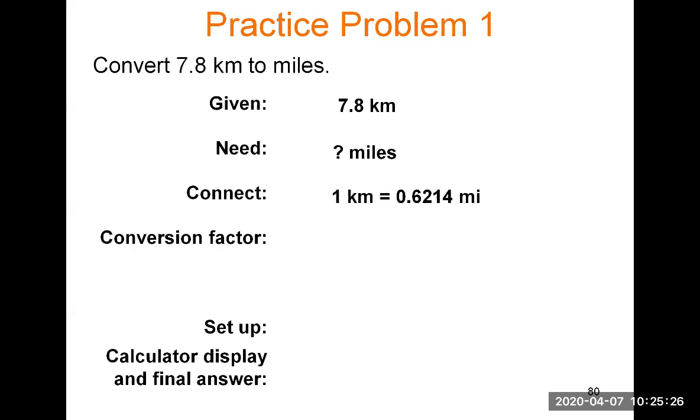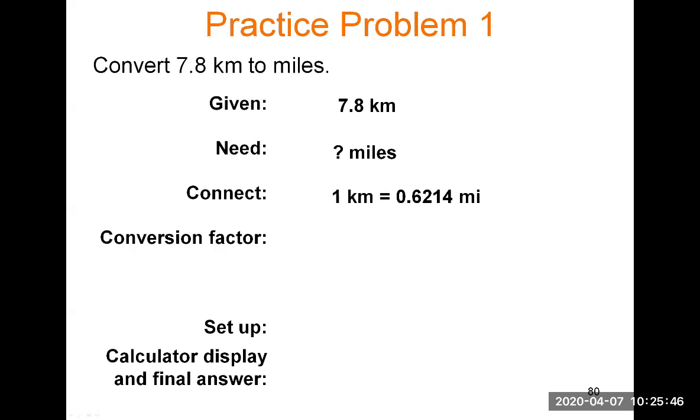So out of this equality between kilometers and miles, we can write two conversion factors. So we need to find the conversion factor that we will use here. And the way to know this is looking at the given unit. The given unit is kilometers.